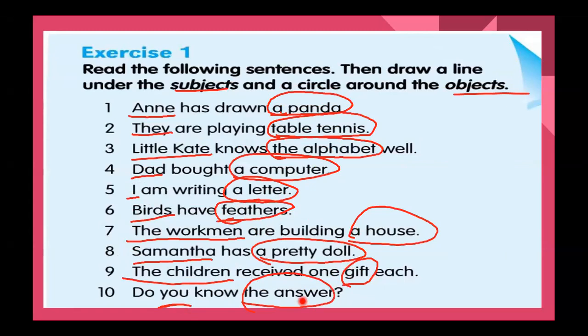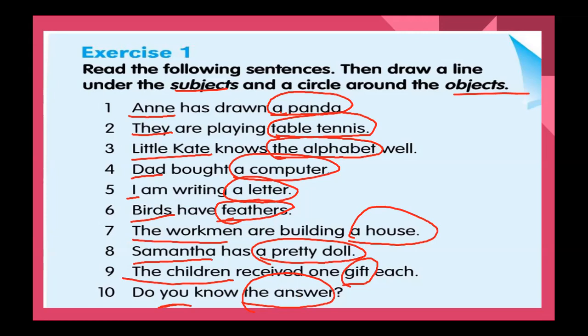Ma'am, why the answer, the article? Why can't only answer be the object? Because हम articles भी यहाँ consider कर रहे हैं. For example, अगर यहाँ पर the workman है, तो मैंने the workman को consider किया है, right? So along with the word, हम article को भी subject में consider करेंगे.